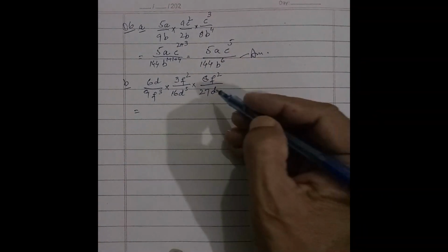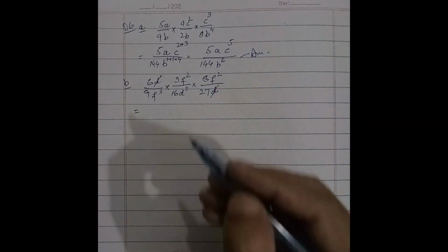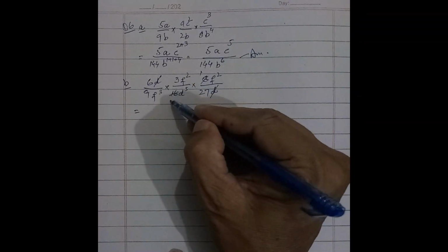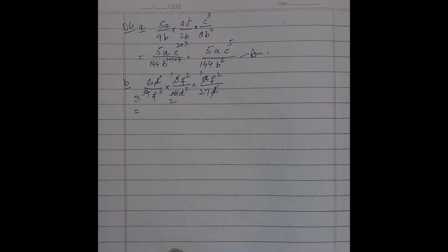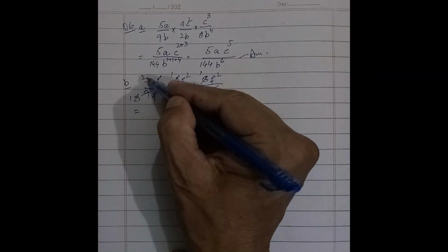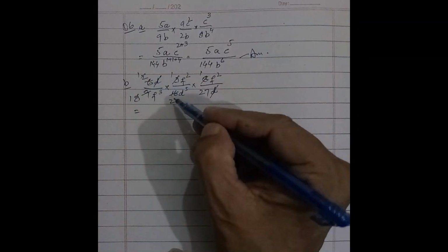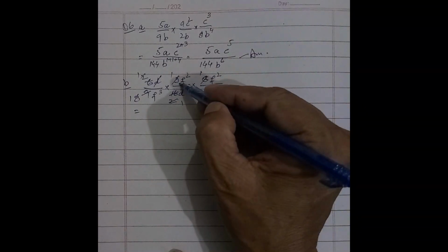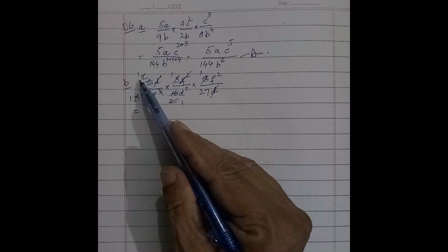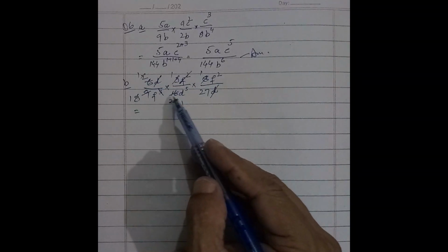Now we simplify the numerator and the denominator. d cancels with d. 8 1s are 8, 8 2s are 16, 3 1s are 3, 3 3s are 9, 3 1s are 3, 3 2s are 6, and 2 1s are 2, 2 1s are 2. And the remaining values are f2 cancel with f2, we get f, and no other value cancels in the numerator and the denominator. The answer is multiply numerator with the numerators and denominator with the denominators.